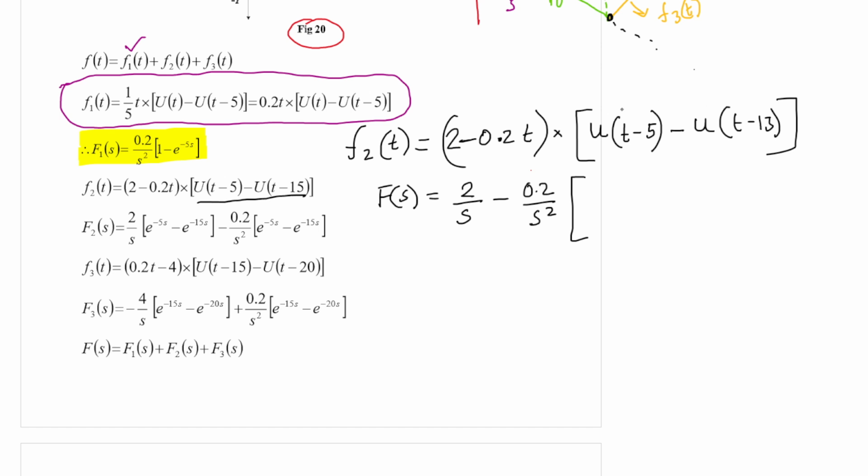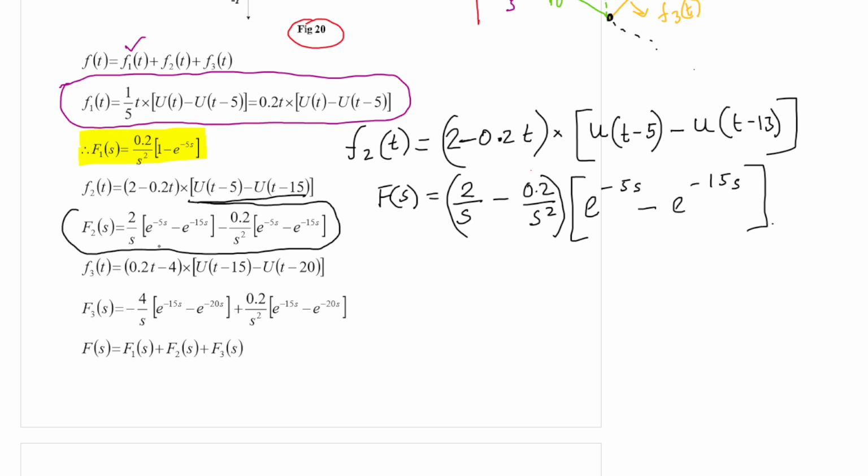Both the gate functions are shifted in the time domain, so accordingly it must be multiplied in the frequency domain, e to the power minus 5s minus e to the power minus 15s. So that is the result actually. So there will be 4 terms altogether.